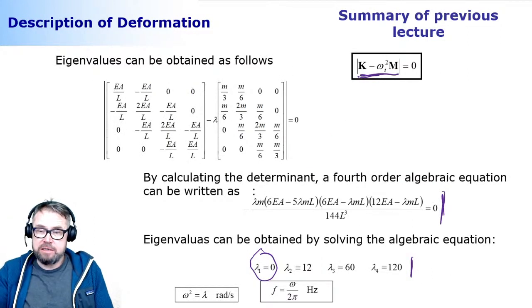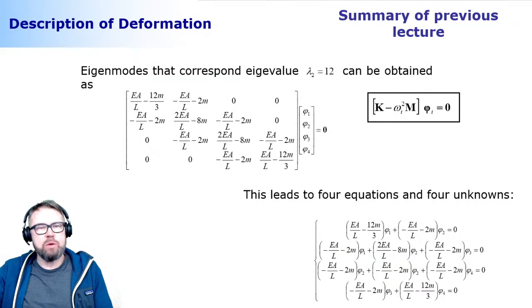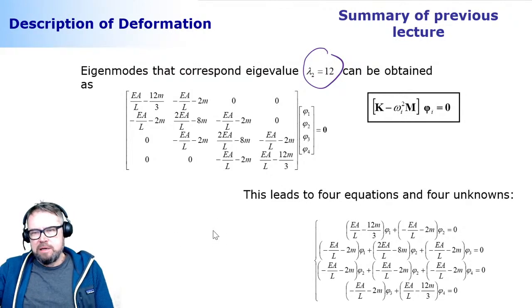The second one is a deformation mode we looked at a week ago, and the second and third are also eigenvalues associated with deformation. What we did a week ago was solve the eigenvectors associated with the second and fourth eigenvalues.